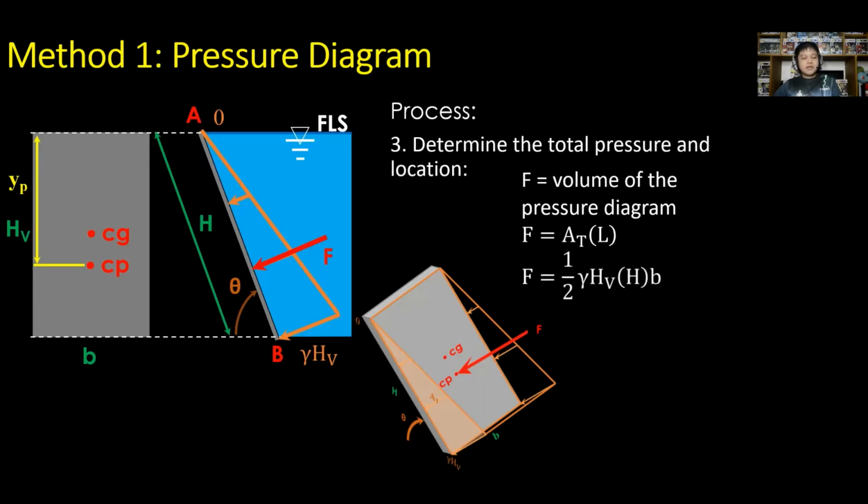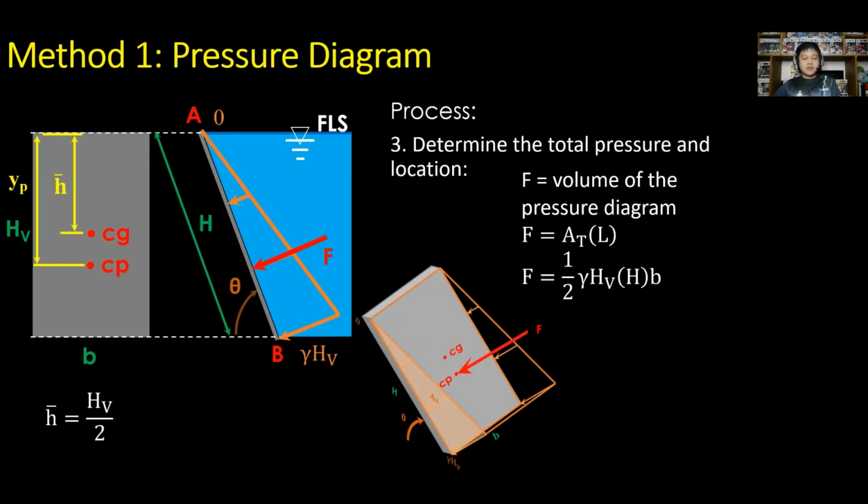So for the sample diagram, F is equal to 1/2 times gamma times H sub V, which is the base of the triangle, times the height, which is H. Then multiply to the length or the width of the sample surface, which is B. But assign the distance from free liquid surface to the center of gravity, or CG, as H bar.